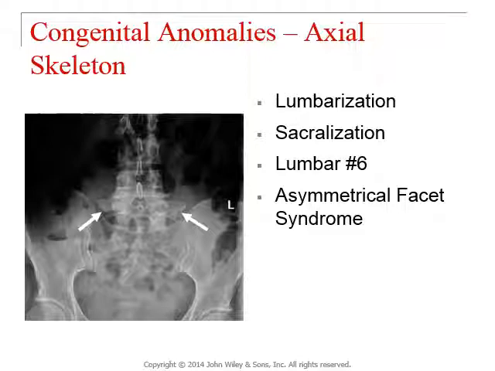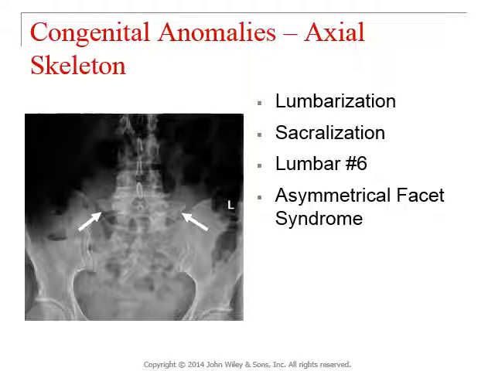But occasionally what ends up happening is in asymmetrical facet syndrome, one will lay in the sagittal plane, one will lay in the coronal plane. This is very painful for these particular people. It's not anything to be surgically fixed, although I know there's certain experimental things in place. But as I mentioned before, one is literally at a 90-degree angle to the other, so there is no motion that will not be uncomfortable for these particular people.